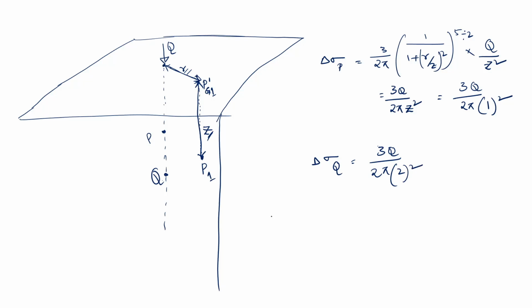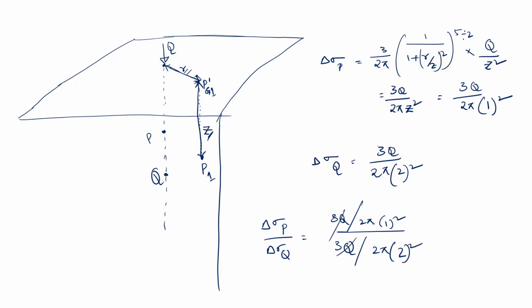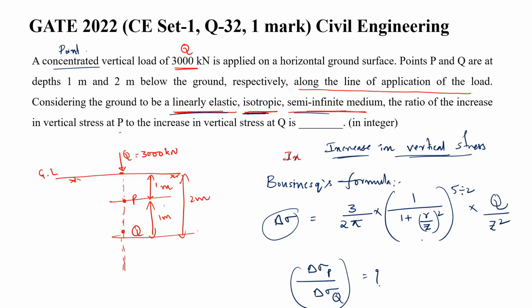Now just find out delta sigma P and delta sigma Q. Taking this into picture, 3Q by 2 pi 1 square, 3Q by 2 pi 2 square. So this will cancel, and then 2 square by 1 square equals 4. Then the answer is 4:1 or 4. Answer is asked in terms of an integer, so you can just write 4.